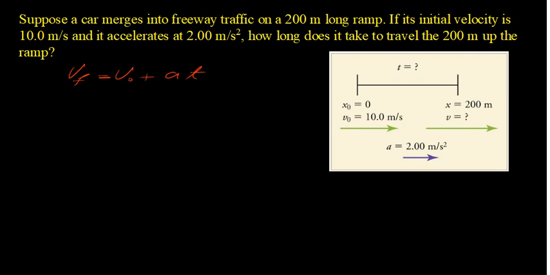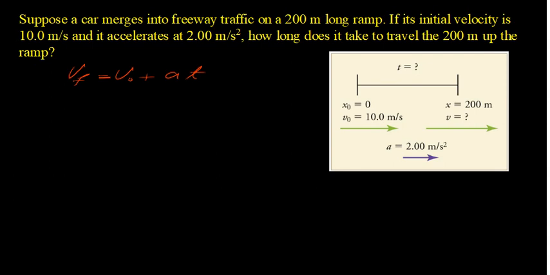I don't know the final velocity of this car at 200 meters, and I don't know how long it takes to finish the 200 meters. Acceleration and the initial velocity, we have them, so definitely we need another equation to help us find one of these two unknowns.